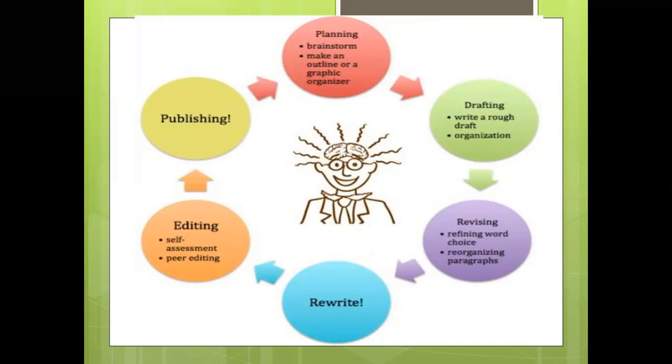And then the revising. The next step, the writer revises the rough draft, refining word choice and reorganizing paragraphs if needed. Then the third step, rewrite. After revising, the writer needs to reorganize or rewrite the paragraph clearly.